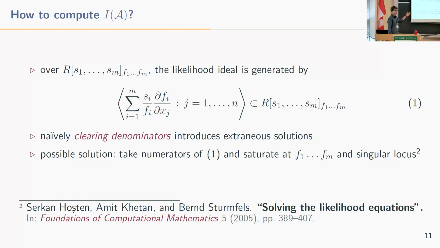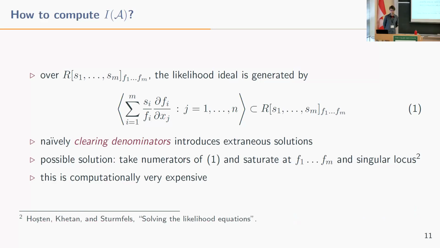This is what's been proposed in the early days of likelihood geometry. But of course, if you've ever computed a saturation in Macaulay2 or any other computer algebra package of your choice, you know that this is a very expensive step computationally. In many instances, this will not terminate in a reasonable time or in your lifespan.